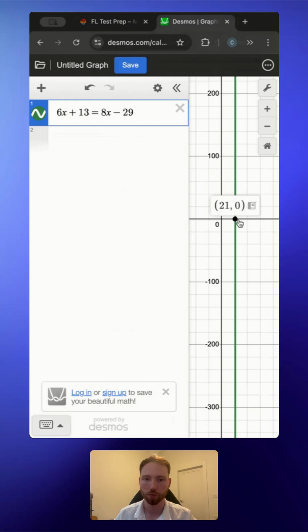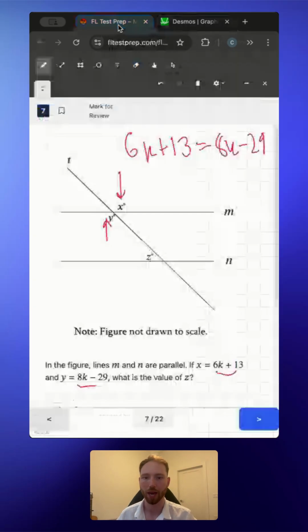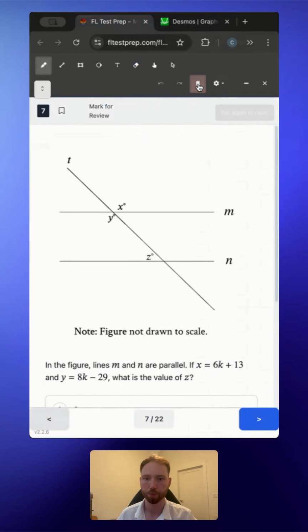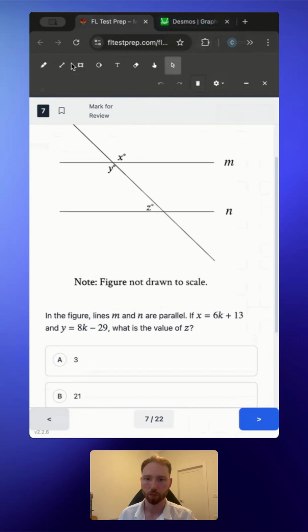And I can see my solution for k is going to be 21. So I know k equals 21.